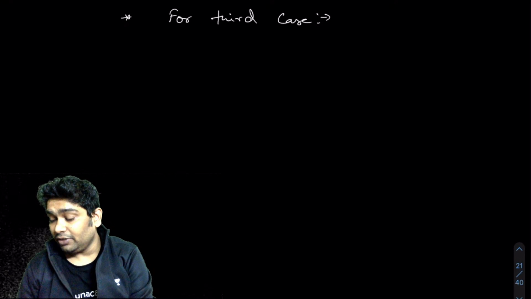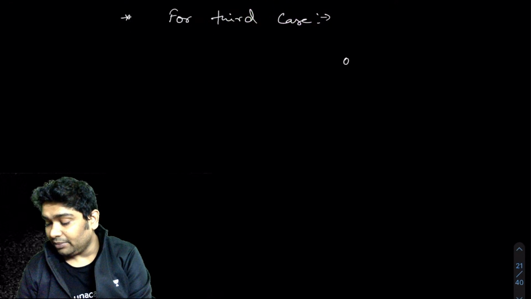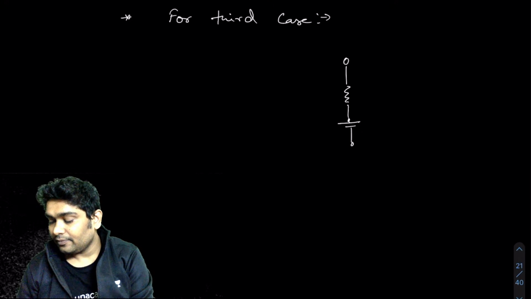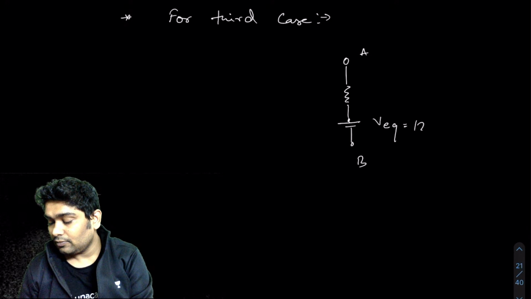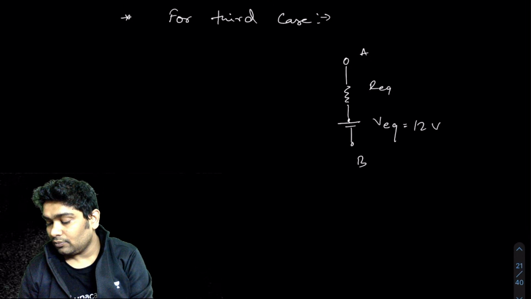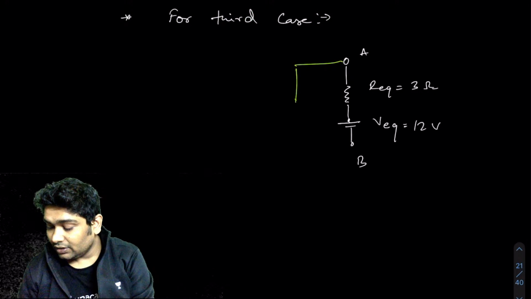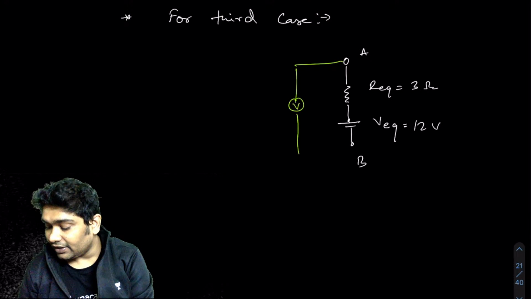Third case, what have you been told? You have been told that between points A and B, the ammeter and the resistor are disconnected and you applied an ideal voltmeter, correct? Now, if you apply an ideal voltmeter, then ideal voltmeter is supposed to have infinite resistance.